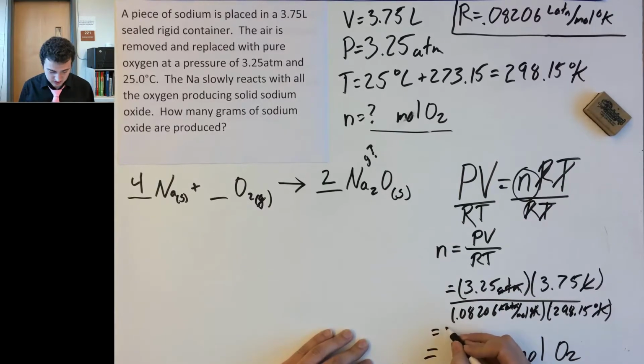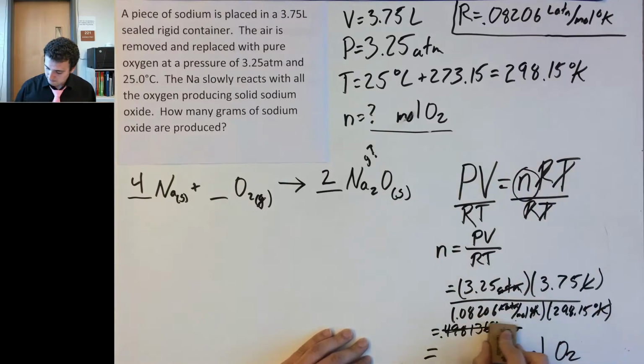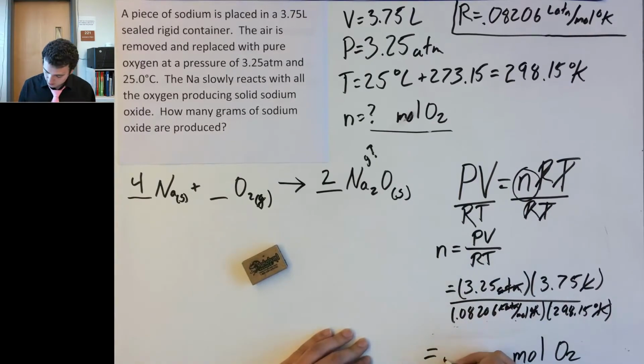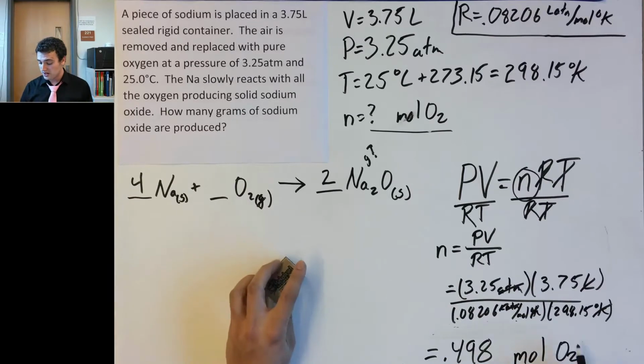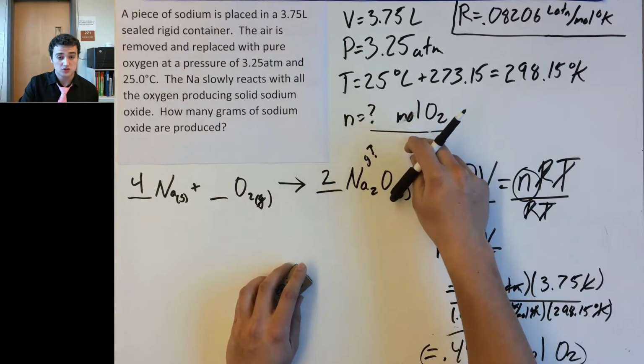So this goes ahead and equals 0.49813666428, or if we just use sig figs, we're going to have about 3 significant figures, the most that we have for any significant digits, and I end up with 0.498.